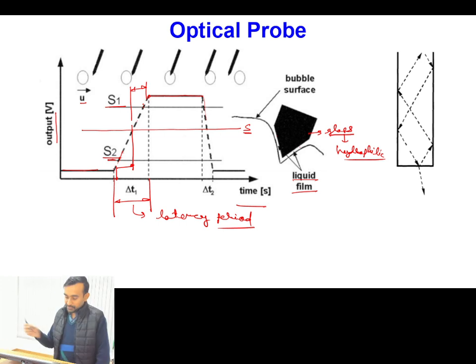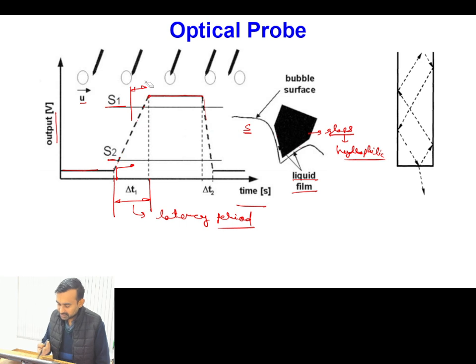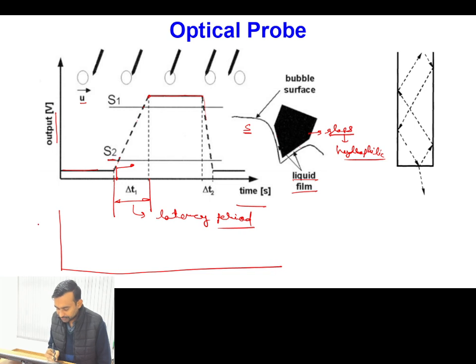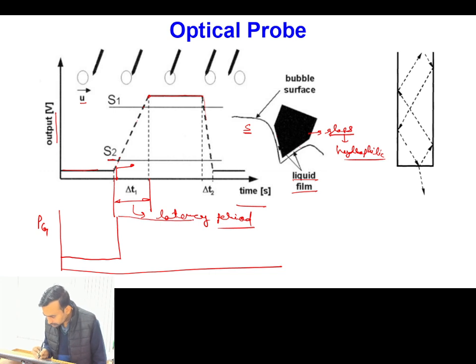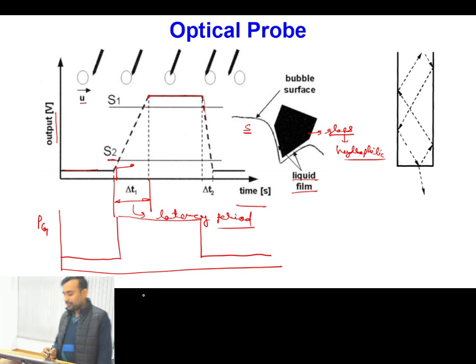So when I am using these individual cutoffs, my phase density function of the gas will become something like this. Have you understood?